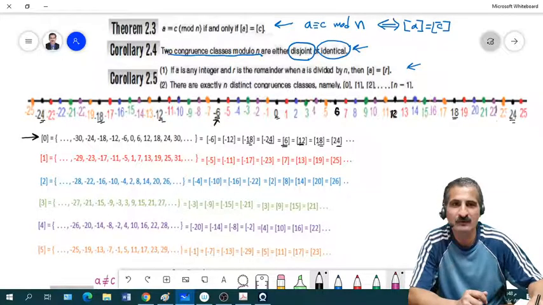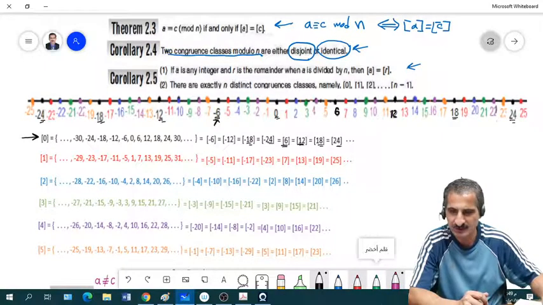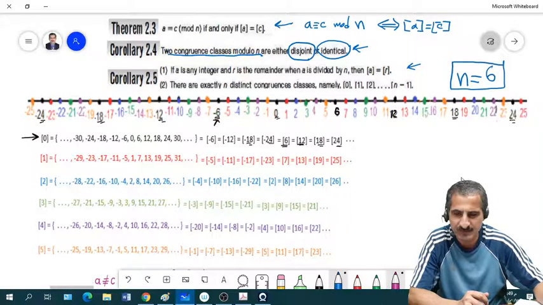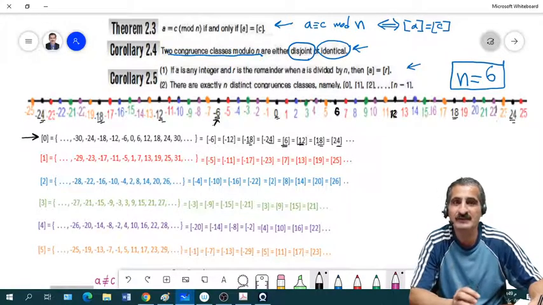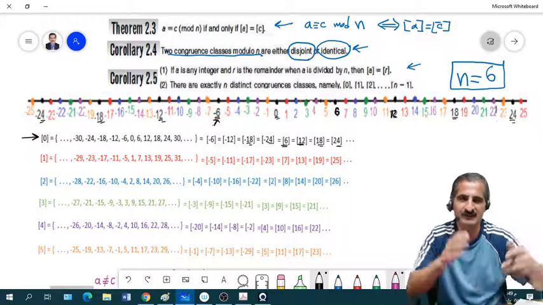And take the equivalence class of negative 6, which means you move by multiples of 6 because we are working modulo 6. So if I start at any number such as negative 6 and take the equivalence class of it modulo 6, then I will jump by multiples of 6.